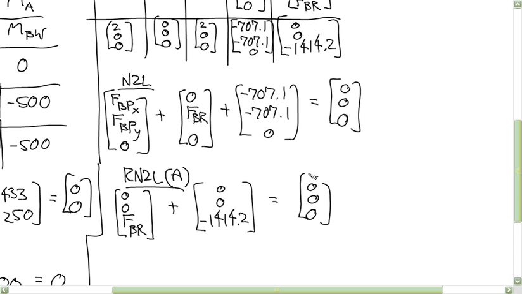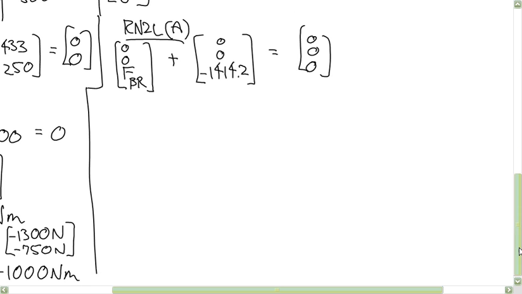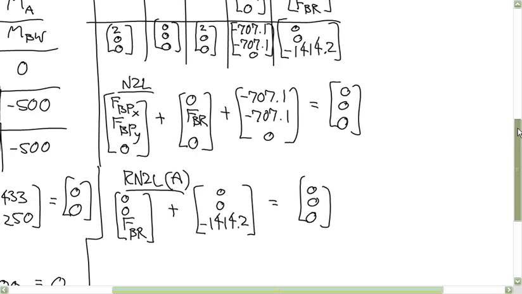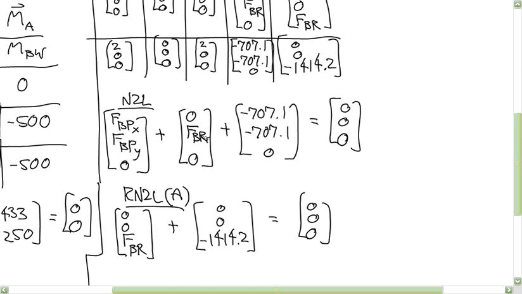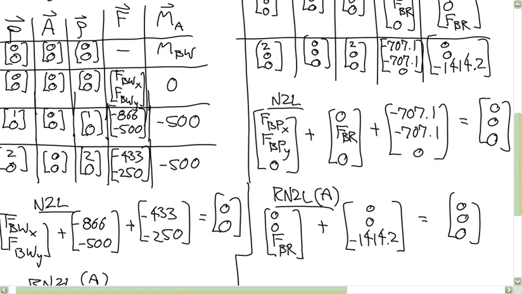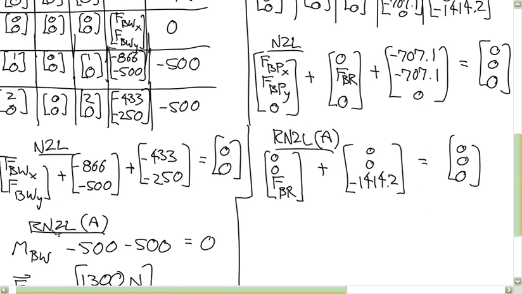And I did it in vector form that time. You can see it comes out giving you the exact same information, even though we did it as a 3D problem. So we have 6 equations. 3 of those 6 equations are useless because there's nothing but zeros in them, and we just end up with exactly the same thing we ended up with doing it as a 2-dimensional force vector and a 1-dimensional moment vector.